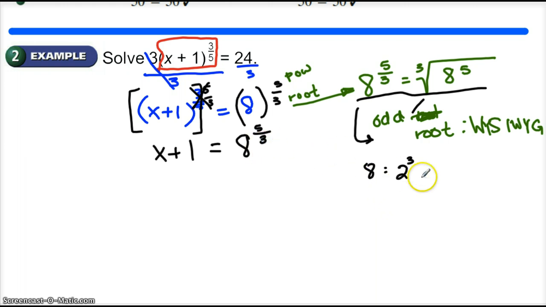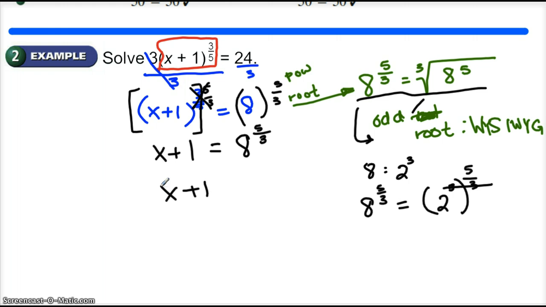So if this is raised to the 5/3, 8 to the 5/3 is equal to 2 to the 3rd raised to the 5/3. The 3's cancel out, and we have 2 to the 5th power.